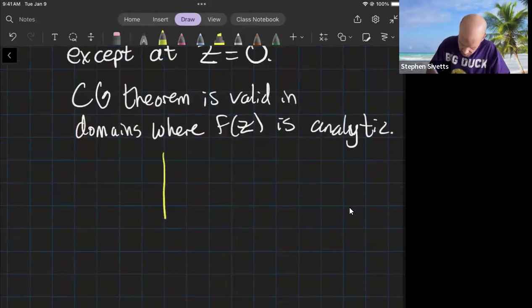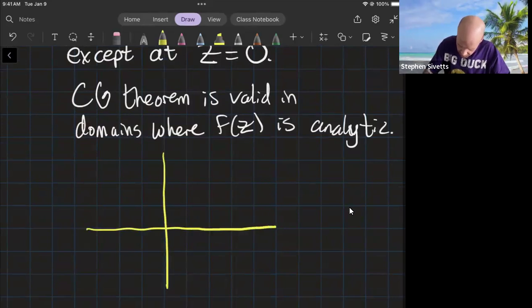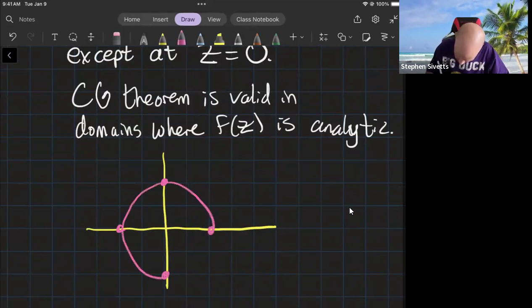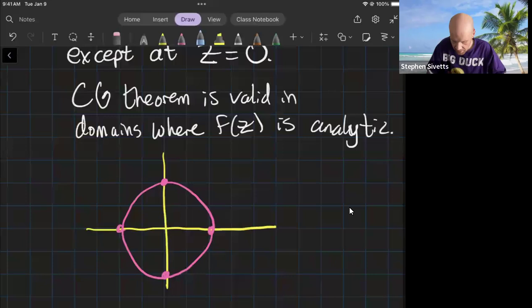So if we have the circle of radius 2, here's our circle of radius 2. The problem is our function is analytic on and inside the circle except at z equals 0.